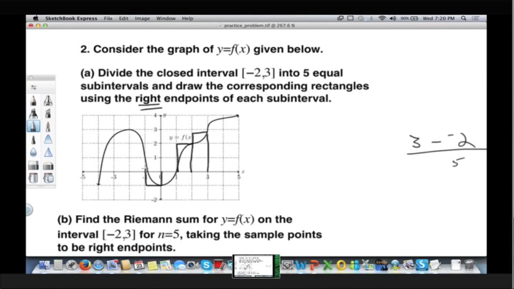Wait, so I'm using right endpoints. I meet the function.